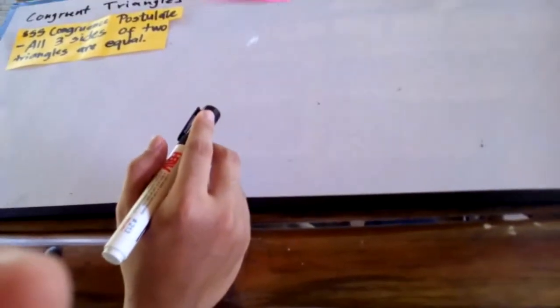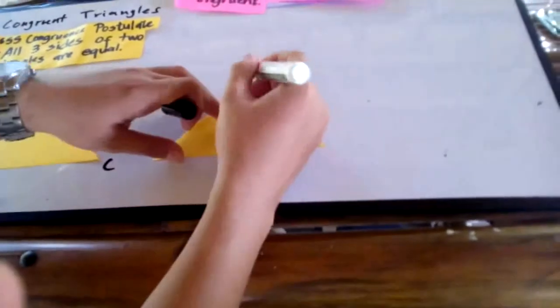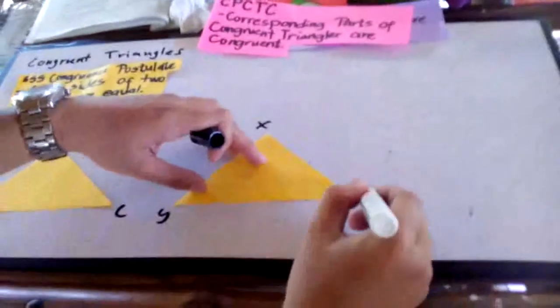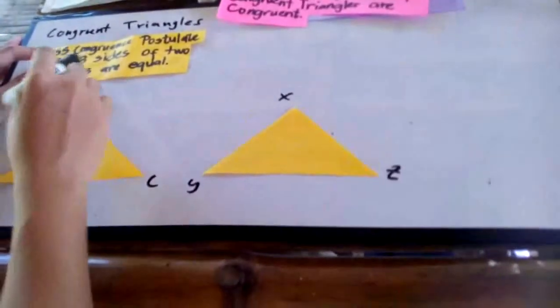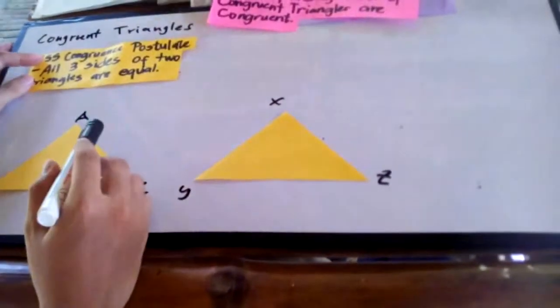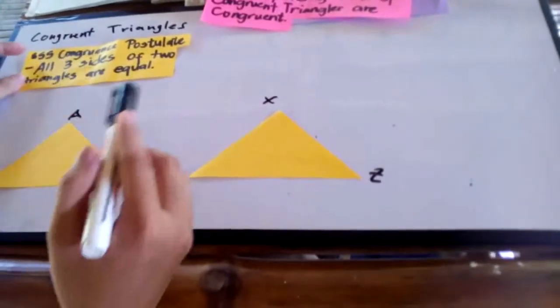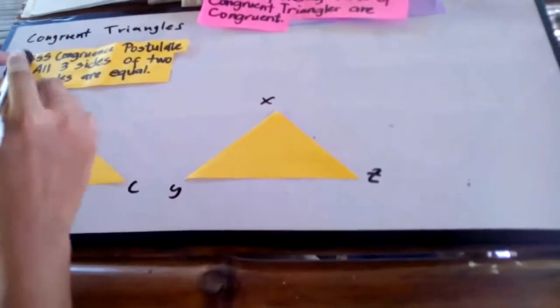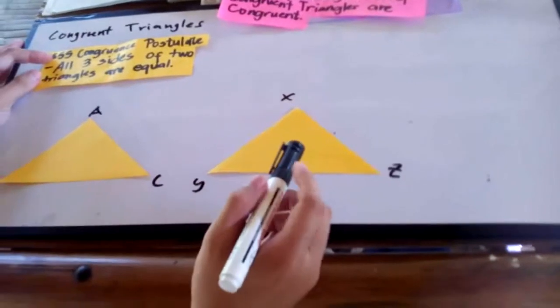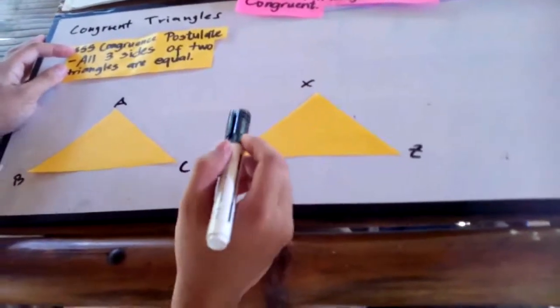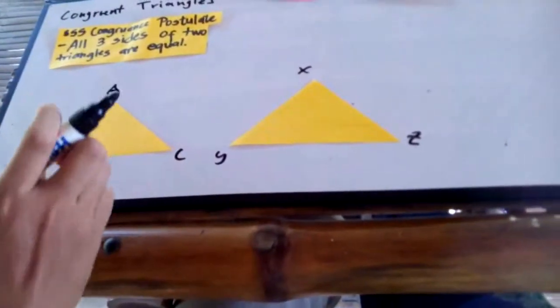For example, I have here two triangles, triangle ABC and triangle XYZ. Based on the definition, if we can say that the three sides of both triangles are congruent, then we can already say that the two triangles are congruent.